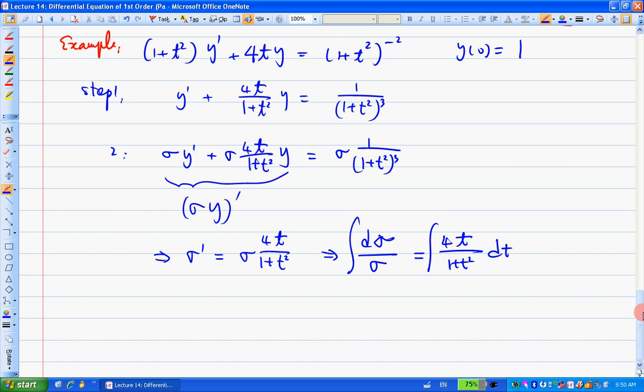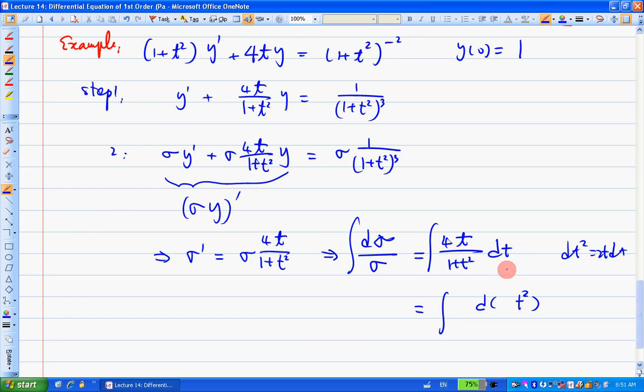Yes, substitution. If I do it my way here, I have 4t dt over 1 + t². Instead of t dt here, I'm going to write it as d(t²). d(t²) is equal to 2t dt, right?